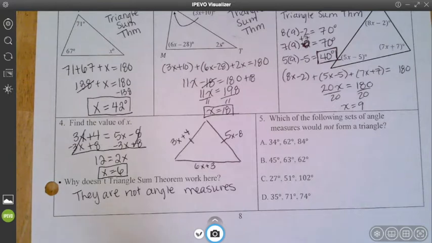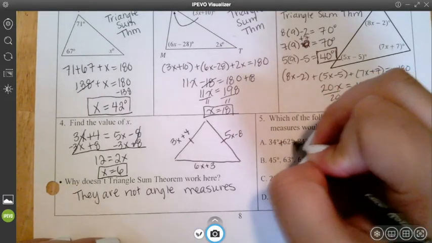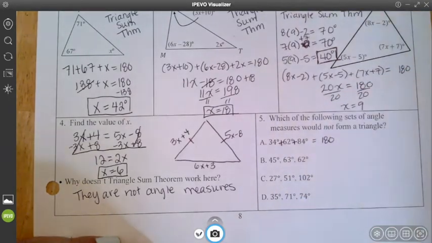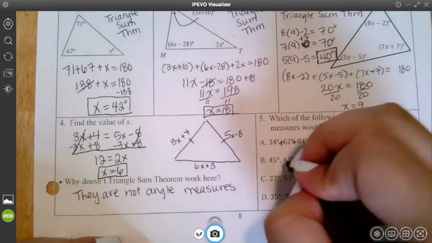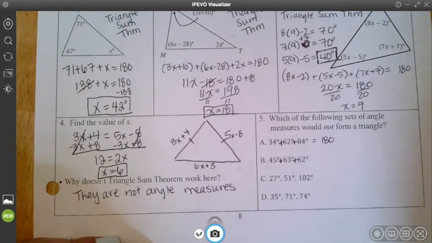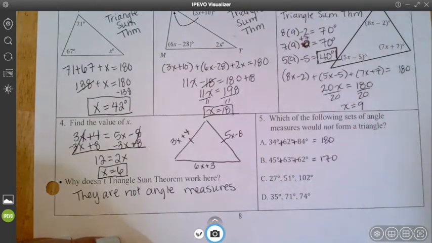And then in number 5, we'd like to know which of these cannot form a triangle. How can we tell which ones will form a triangle or not? We need to add them up. So if I take 34 plus 62 plus 84 equals 180. 45 plus 63 plus 62 equals 170.